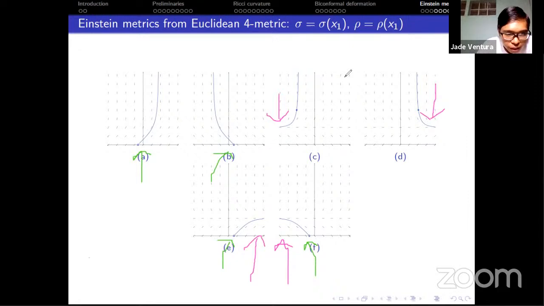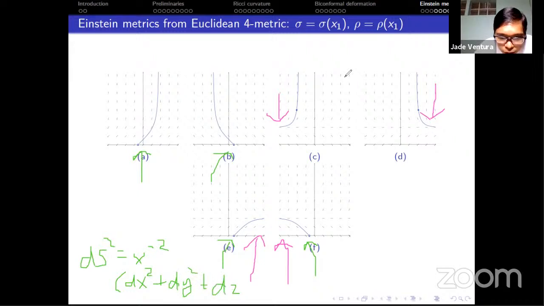I'll show you what that hyperbolic 4 metric is. It's something like this: x to the negative 2 times dx squared plus dy squared plus dz squared plus dw squared. So that's the asymptotic behavior.